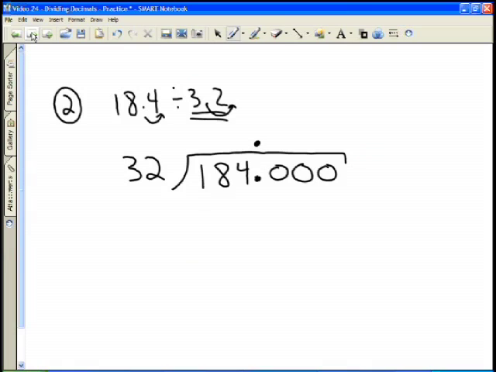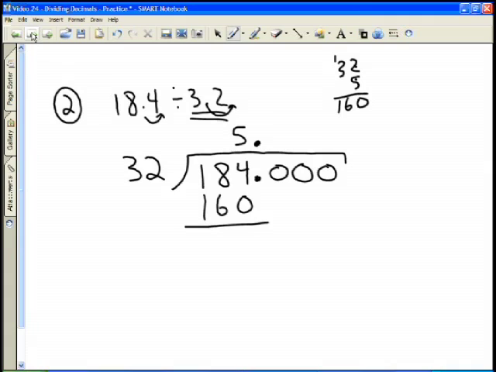So how many times does 32 go into 184? Well, 32 times 10 is 320, so I'm going to try 5. And 32 times 5, 2 times 5 is 10, carry the 1. 3 times 5 is 15, plus 1 is 16.